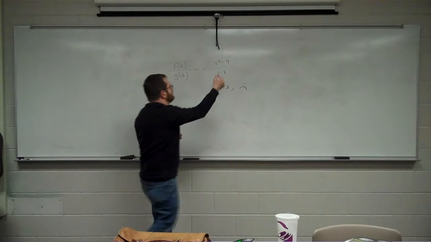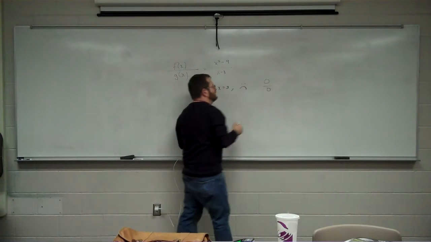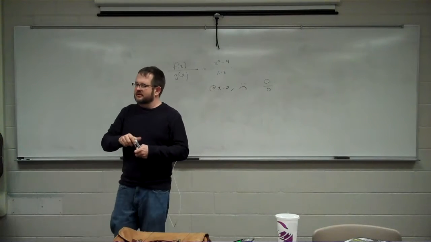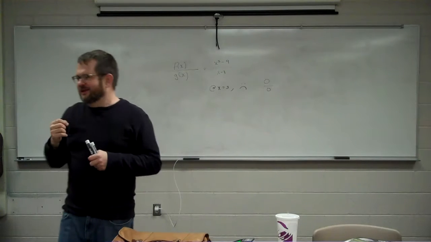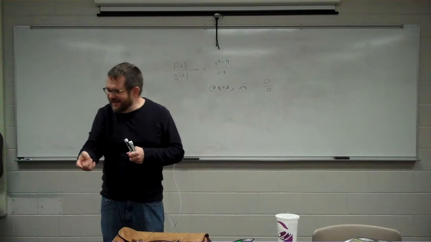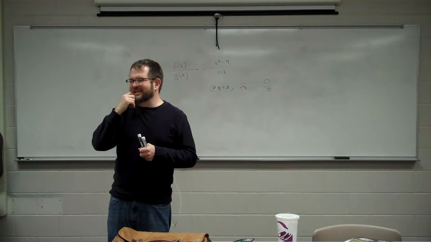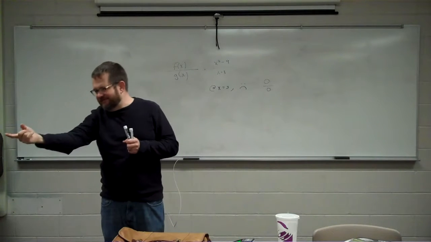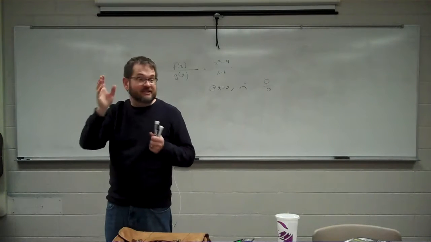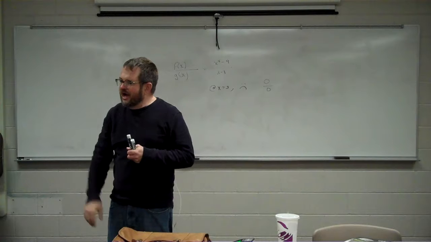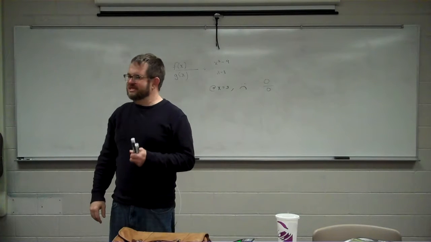Because what happens? The numerator becomes 0 and the denominator becomes 0. If the numerator and denominator are the same, then it's 1. But they're both 0, and dividing by 0 means it's infinite. Another way to write this would be 0 times 1 over 0, and 0 times anything is 0. I don't know how to determine the answer here.